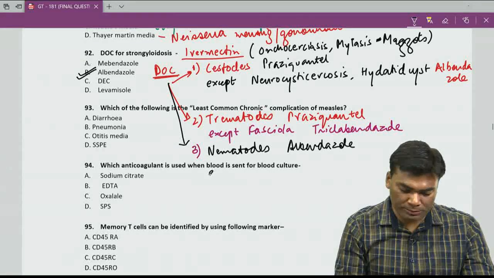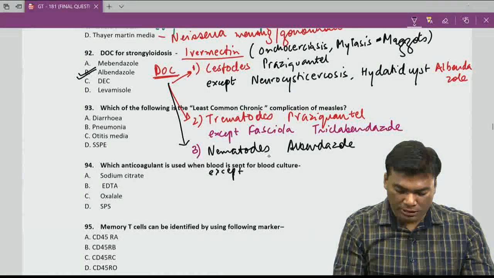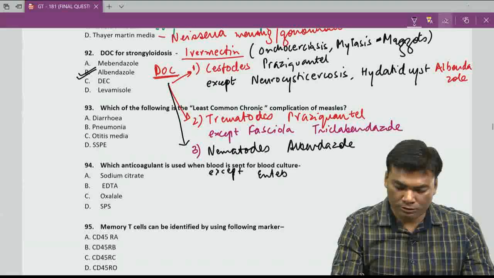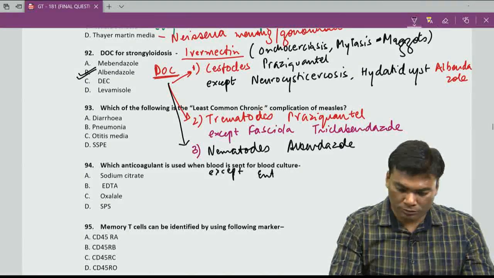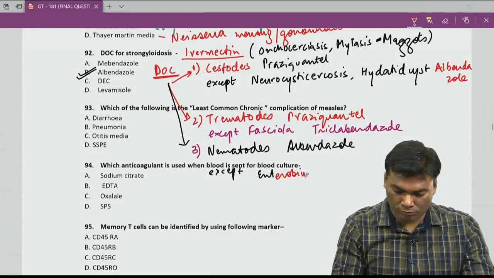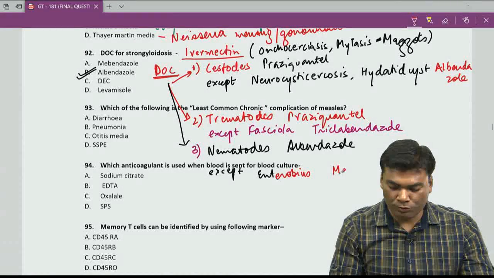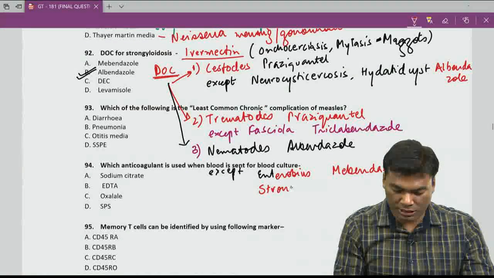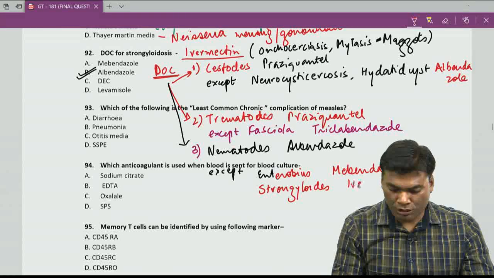Here also we have certain exceptions. Firstly, we have Enterobius, the pinworm. Here we use mebendazole as a drug of choice. Then Strongyloides is another nematode, for which we use ivermectin.